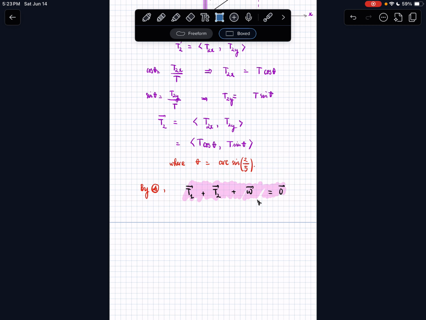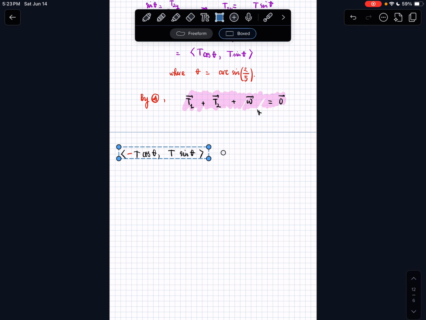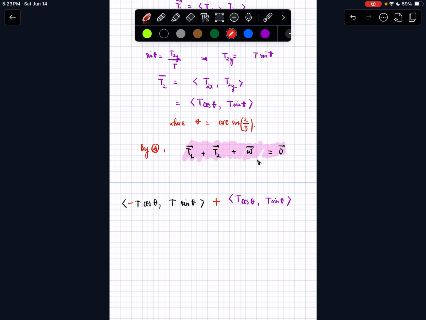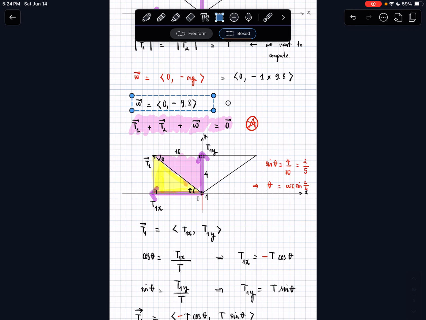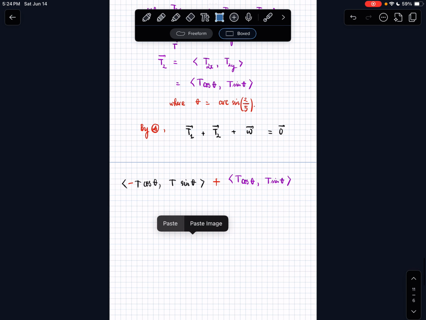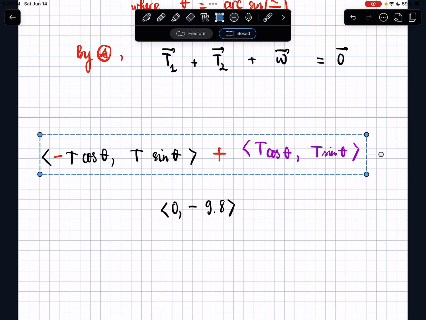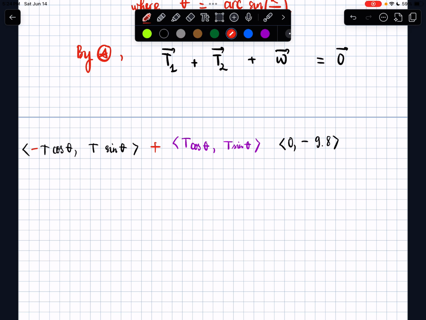By star, T1 is this vector, T2 is this vector, and W we computed before is this vector, and T1 plus T2 plus W equals 0. The vector 0 has two components, 0, 0.